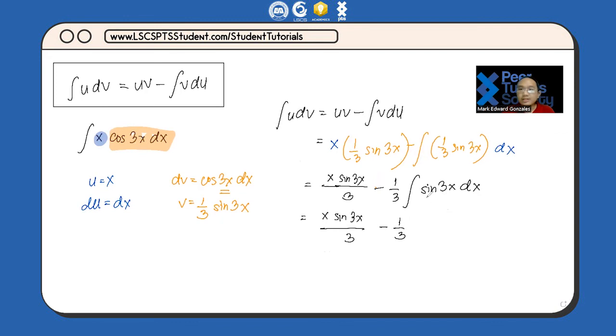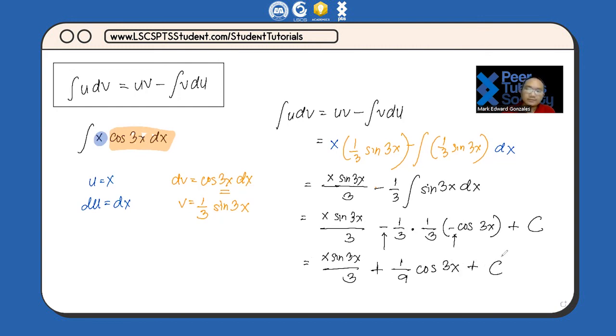Once again, the integral of sine is negative cosine. Since we have 3x here, we have to offset this by multiplying the entire thing by 1/3, and the constant of integration. Negative here, that means things will be positive. Thus plus C. And this is our final answer.